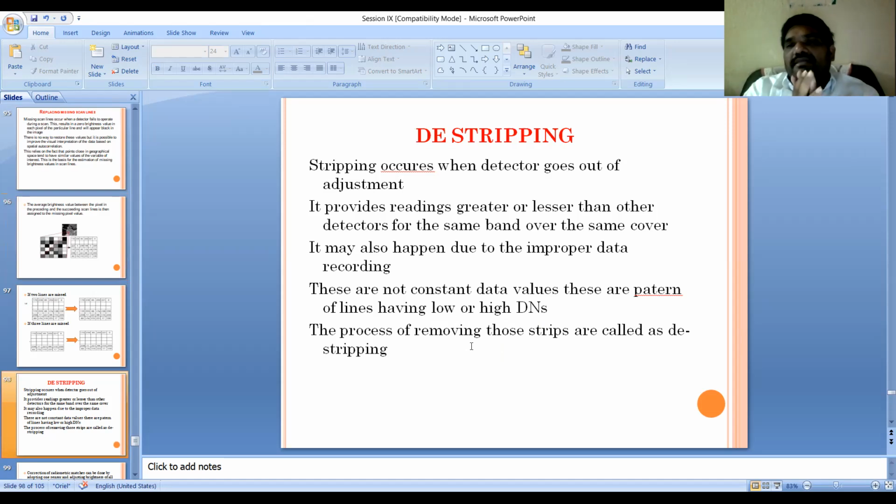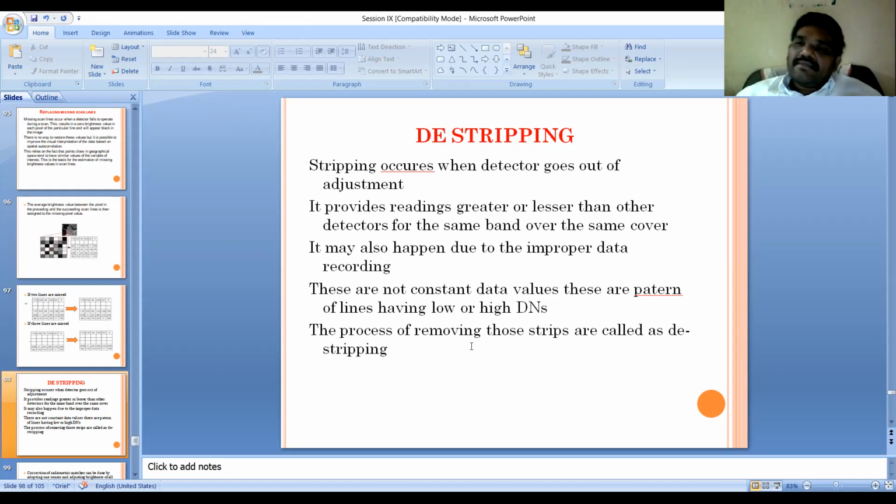The process of removing those lines is called destriping. Striping means having digital numbers high and low when compared with the nearby surrounding pixels. I'm speaking about the entire line, where the values are not matched, high and low values.